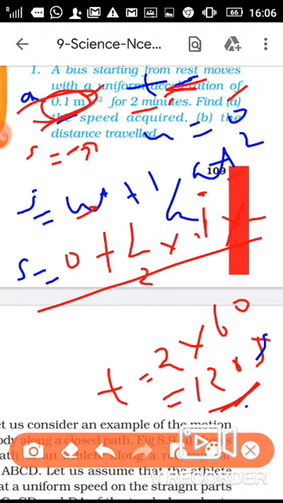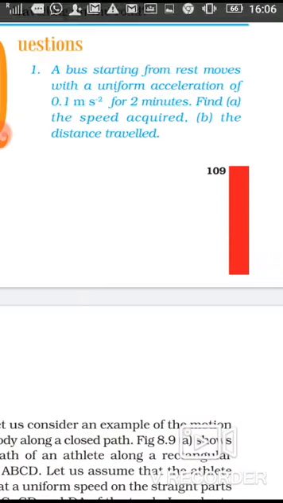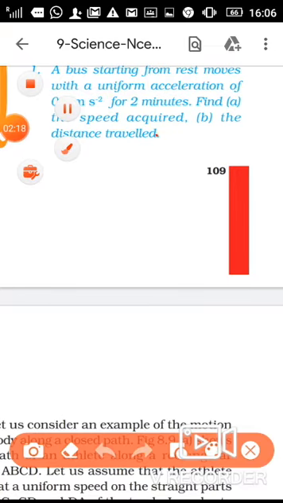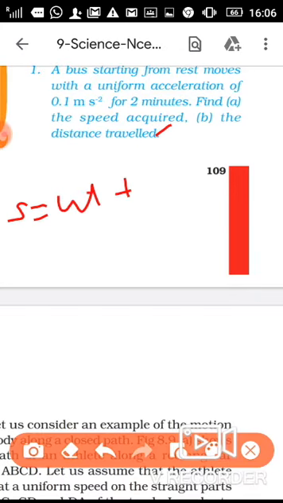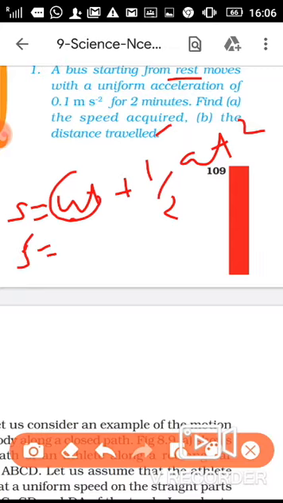Again I am telling. You have to find distance, and the formula of distance is s is equal to ut plus half at square. As you know that u is 0 because the object is at rest, 0 into t becomes 0.